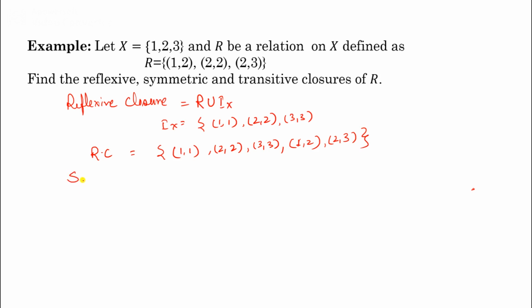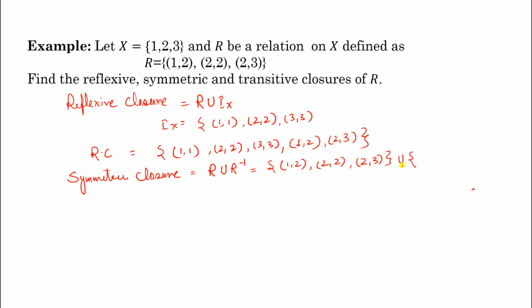Similarly, the symmetric closure. For this you will write R union R inverse. R union R inverse means first write the elements of R: (1,2), (2,2) and (2,3).